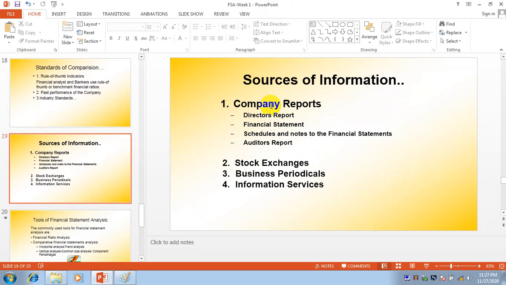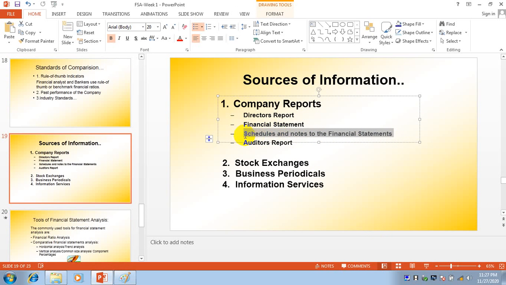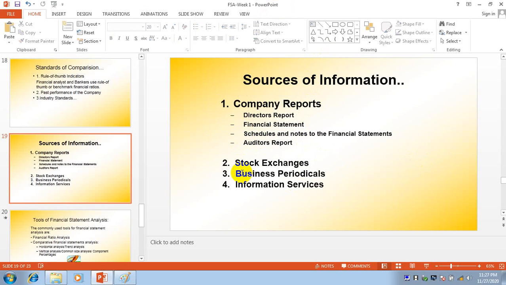Sources of information, we discussed this: company reports, directors' reports, financial statements, schedules and notes to financial statements, which we call disclosure. We discussed this in auditing, and the auditor's report. These are sources of information for financial statement analysis.